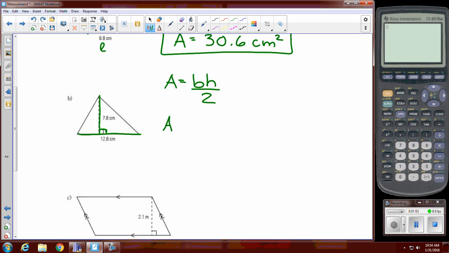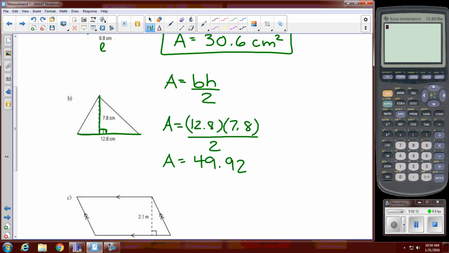So we put them into our formula. The base, 12.8, multiplied by the height of 7.8, and divide that by 2. That will tell me how many square units I could draw in this triangle. And again, in our calculators, we should be able to get 49.92 square centimeters in this triangle.